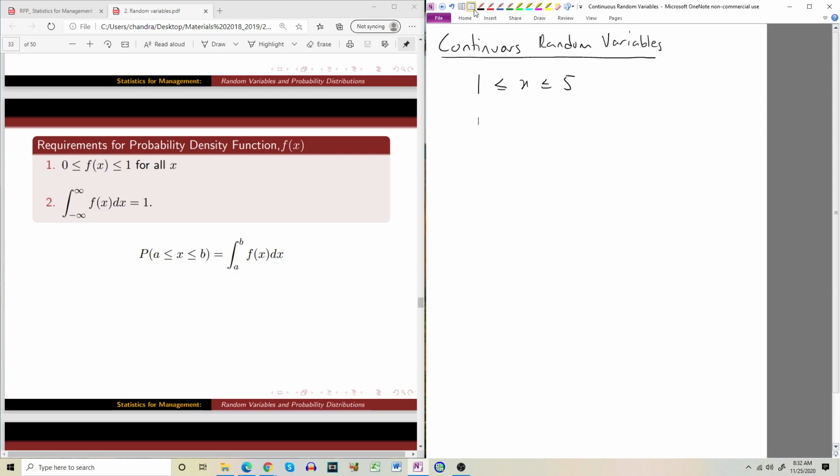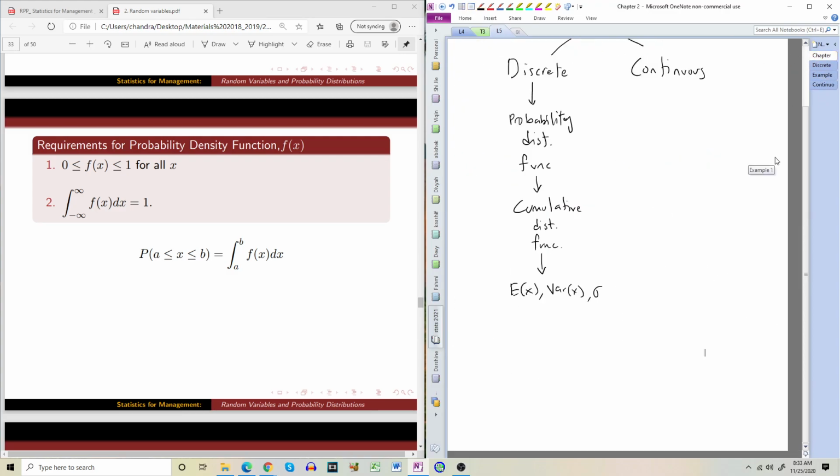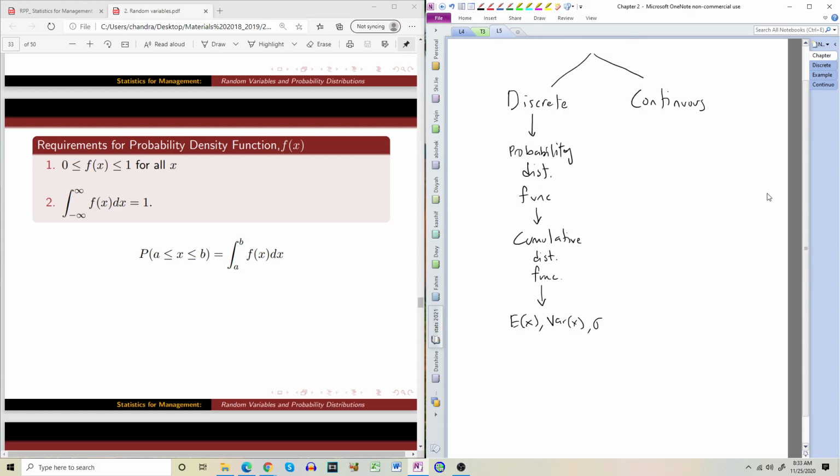I would like to go back to the previous slide. Discrete, we have probability distribution function, cumulative distribution function, expected value, variance and standard deviation. For continuous, we do also have something like that, but it is not known as probability distribution function. It is known as probability density function.